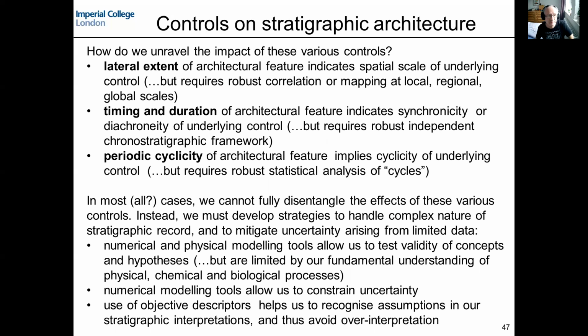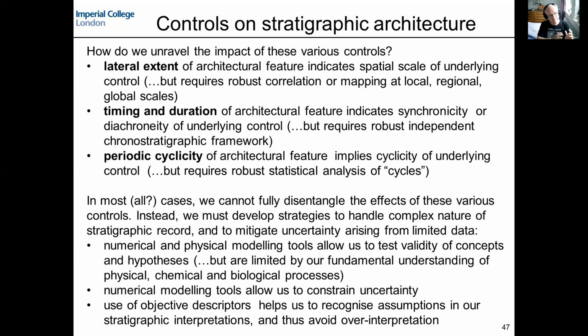And we can also use objective descriptions. So the system structure we talked through, for example, the fact we say that they are high stand or low stand, we're automatically tying those to parts of a sea level curve. And that can be quite dangerous in a strict scientific sense.